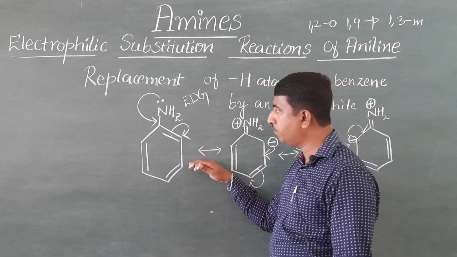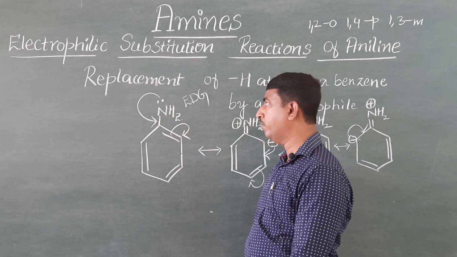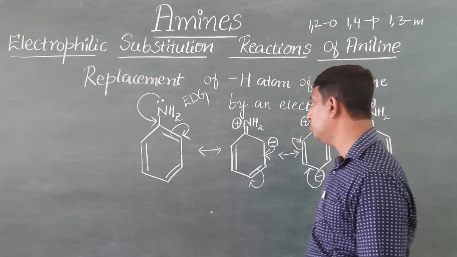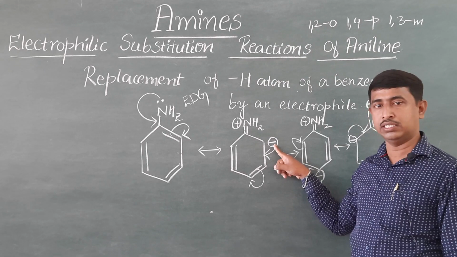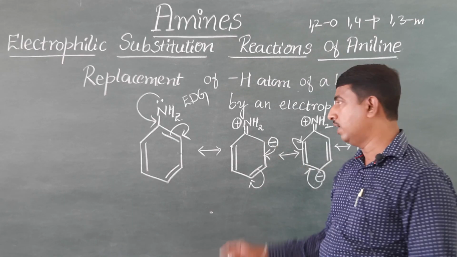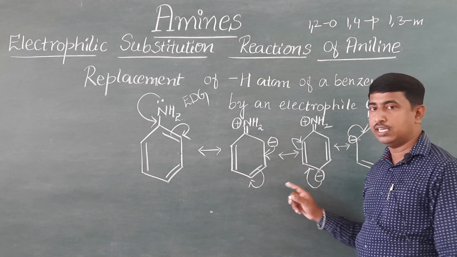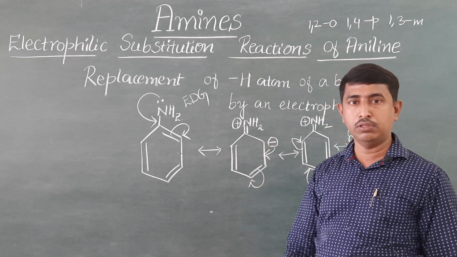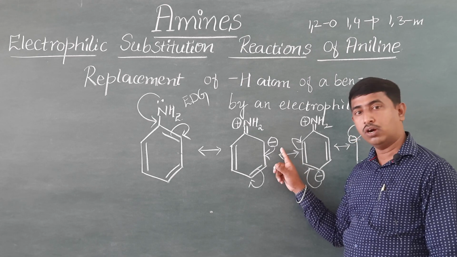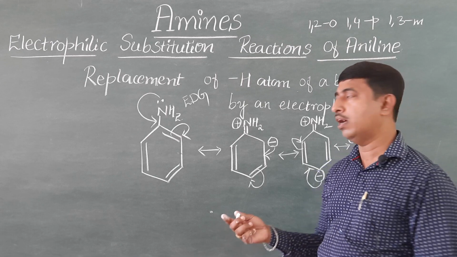Because in the case of aniline, nitrogen contains lone pair of electrons, and these lone pair of electrons are involved in resonance. Due to resonance, electron density increases at ortho position and para position, so the electrophile can readily attack, forming ortho product and para product.